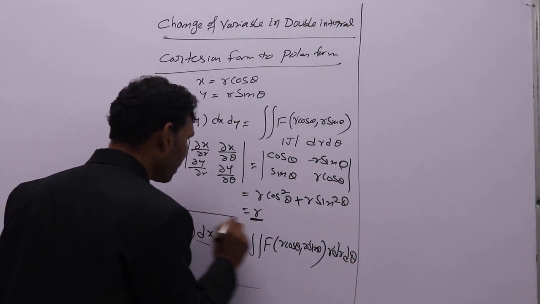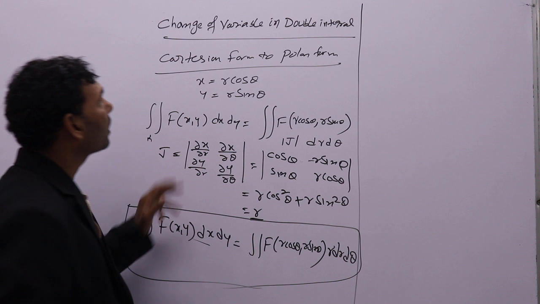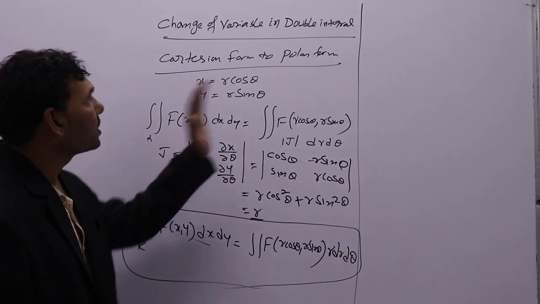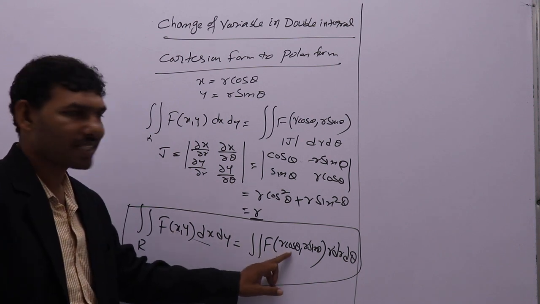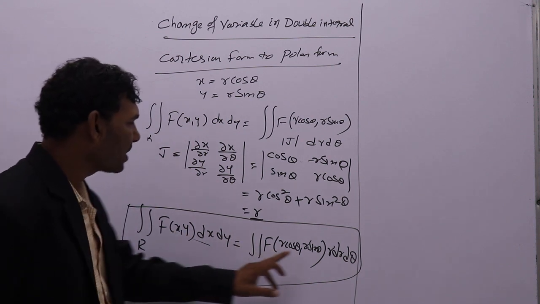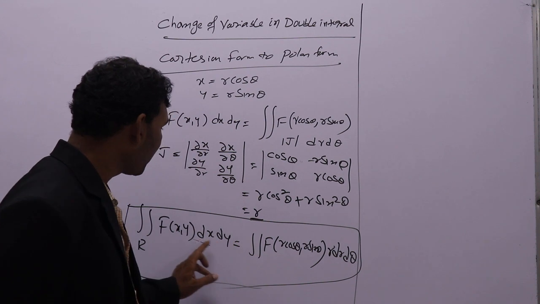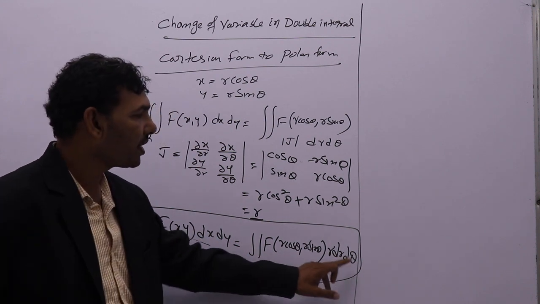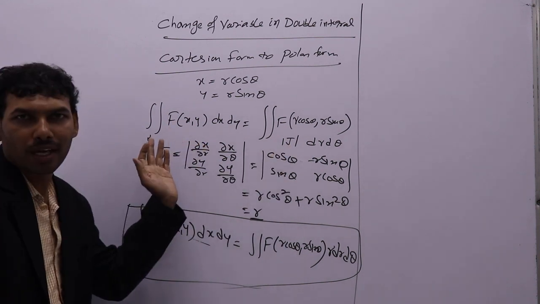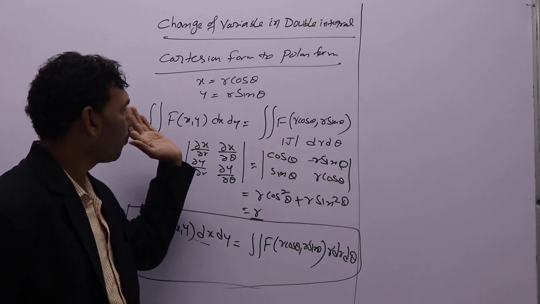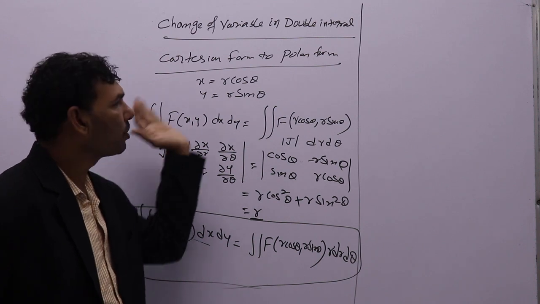That means if you want to convert a given problem from Cartesian form to polar form, you need to do these substitutions. Replace x with r cos theta, replace y with r sin theta, replace dx dy with r dr d theta. Why did you get this r? This is the standard formula to convert a double integral from one variable to another.